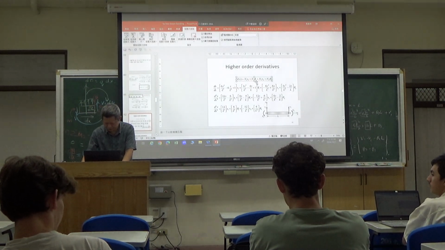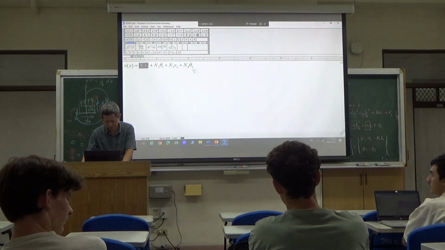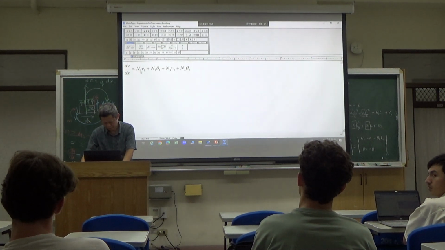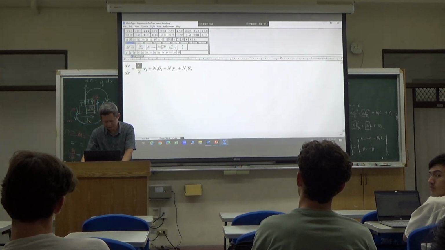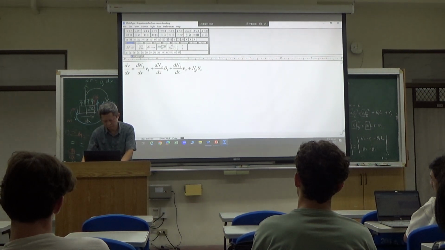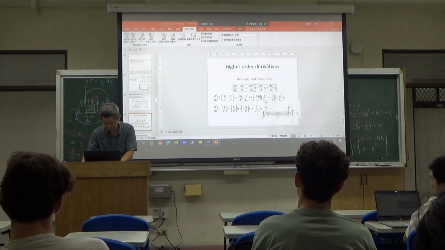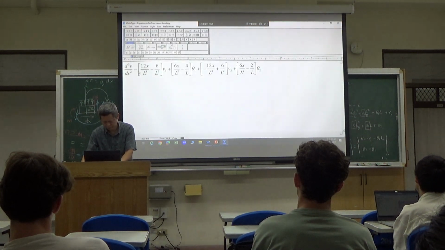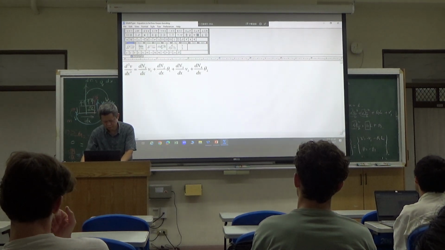For each step, what do we do? For each step, we are doing the space derivations. This one, the second order derivative.